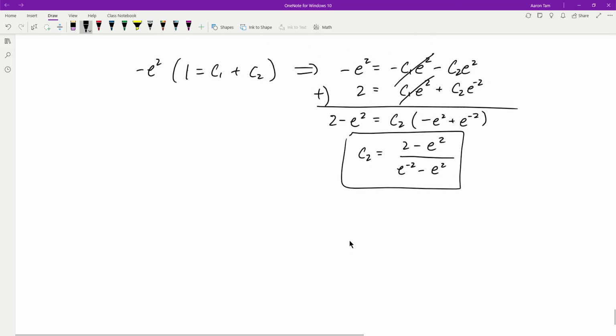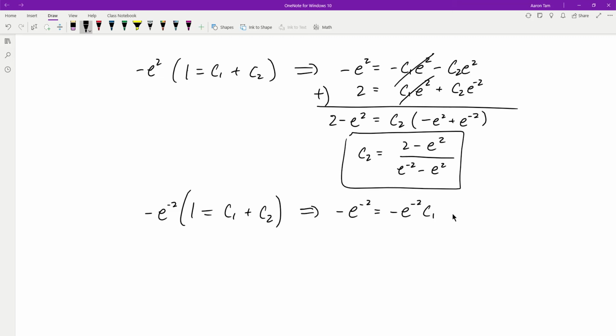I'm going to repeat the same process to do the second one. I could definitely plug this into my equation and solve for c1, but that's actually a lot more algebra than to just go through this process again. So I'm going to multiply my top equation by negative e to the negative 2 this time. So it becomes negative c1 e to the negative 2 minus c2 e to the negative 2.